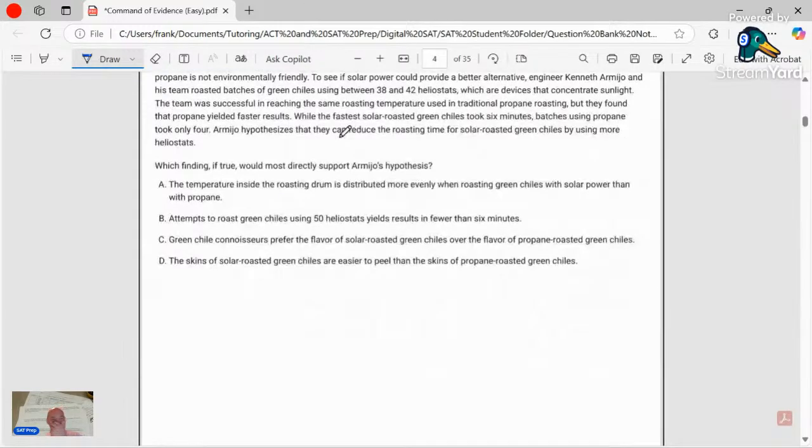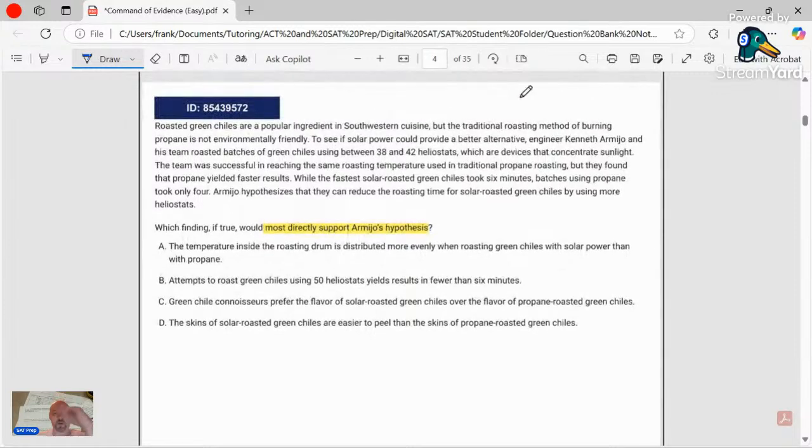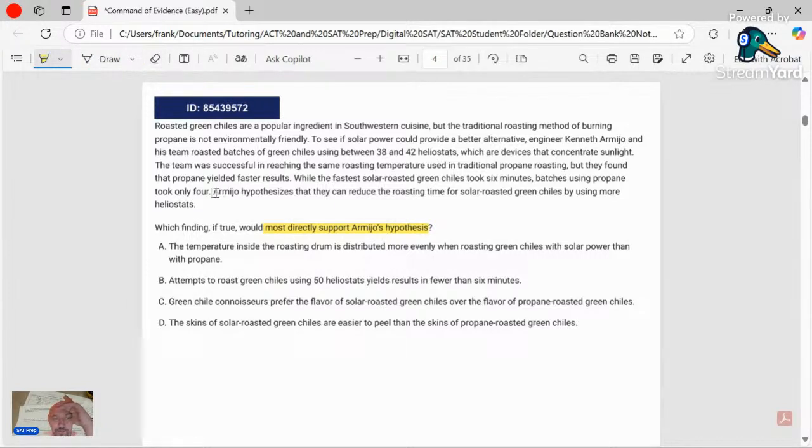Next one. Which finding, if true, would most directly support this hypothesis? So I want to most directly support a hypothesis? Well, I better find out what the hypothesis is. Our module hypothesizes that they can reduce the roasting time for solar roasted green chiles by using more heliostats.